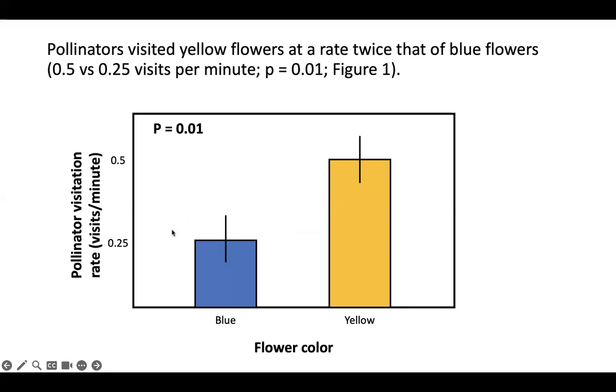Great. And again, our variables, flower color and pollinator visitation rate, exactly in the sentence. So this can be a really effective way of basically writing your results section to stand alone from your figures and potentially tables.